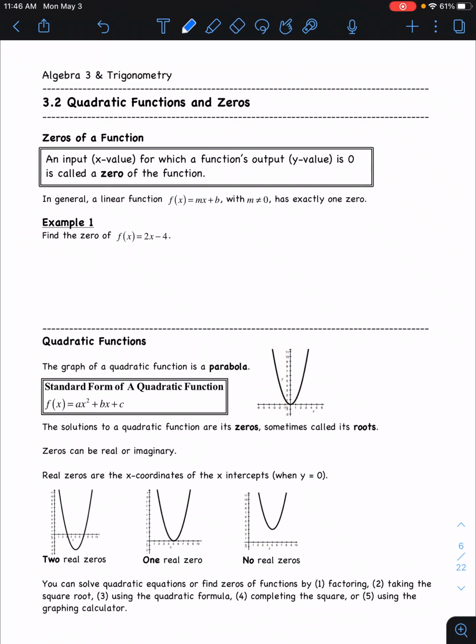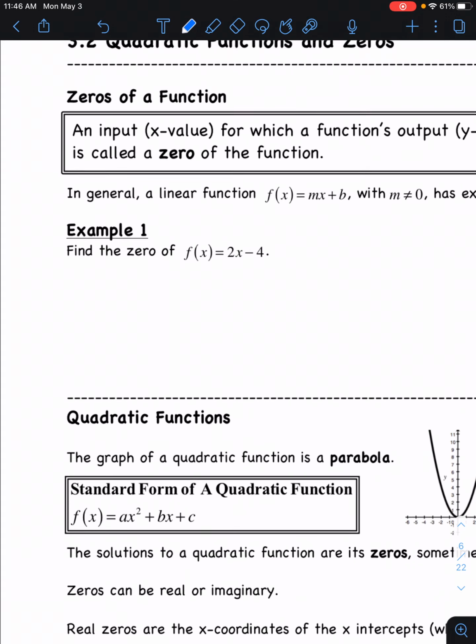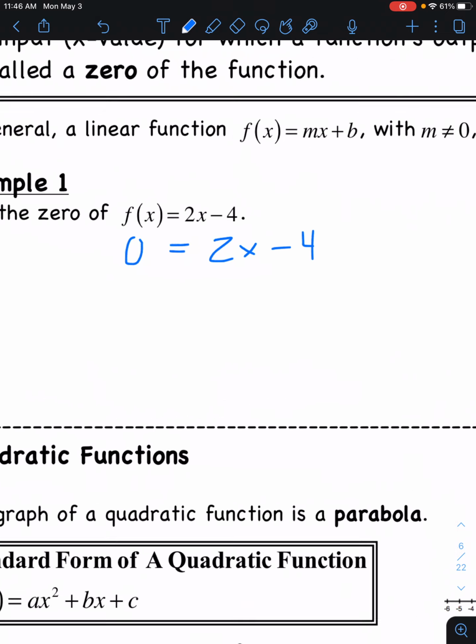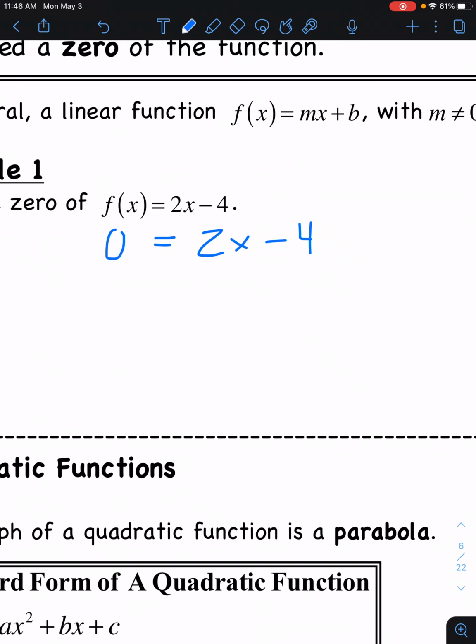Now, in general, a linear function, f of x equals mx plus b, forms a straight line. Typically, it would have only one zero. So I'm going to show you how to find the zero of f of x equals 2x minus 4. What you do is you take the f of x and you make it into 0. And then we're pretty much just solving this for x.